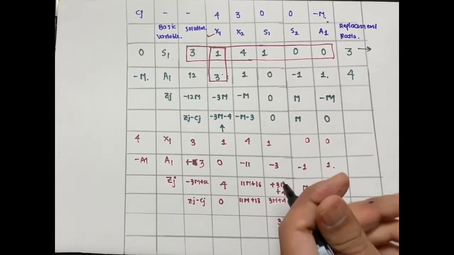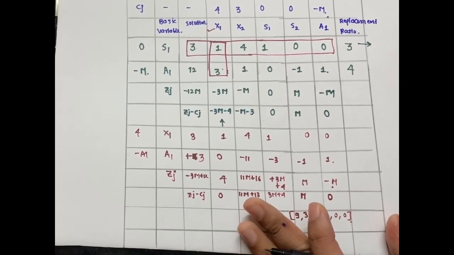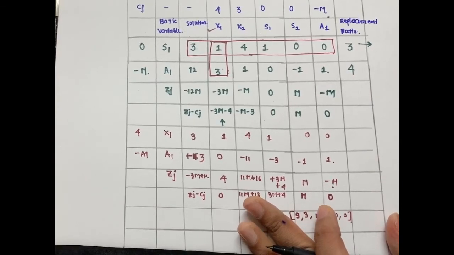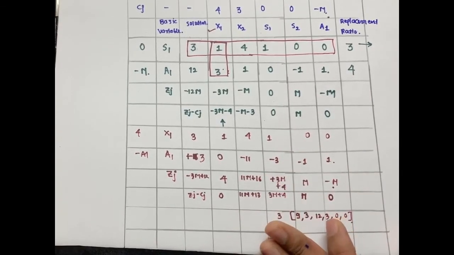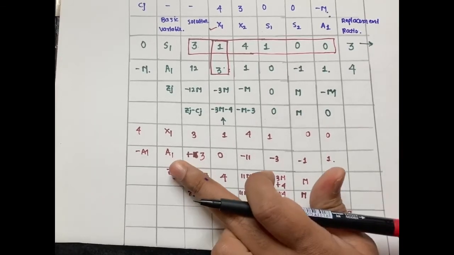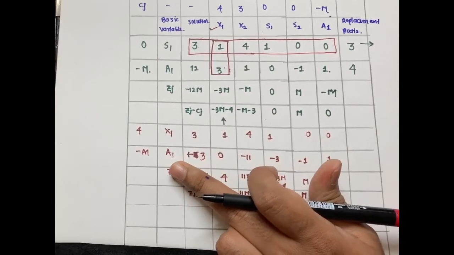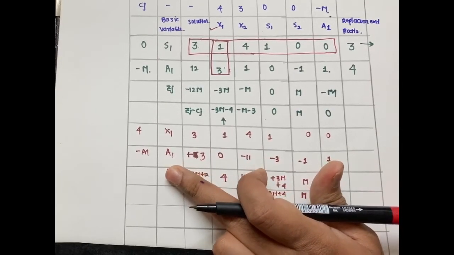So what I am stating is two different things: that the solution is optimal, and at the same time that the solution is infeasible. So what is correct among these? Definitely this is the optimal solution, but at the same time in the basic variables I still have a1 as my present variable. This is an infeasible solution.